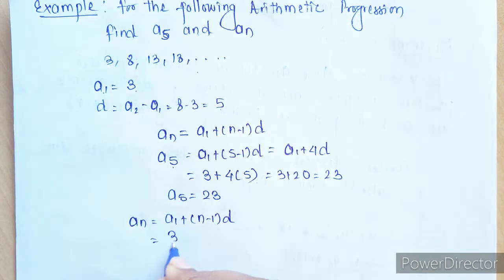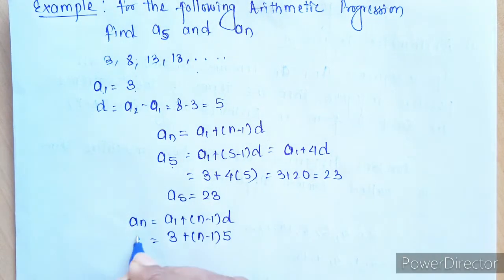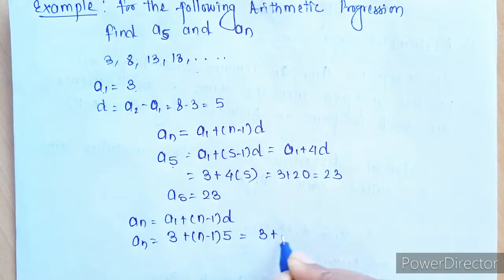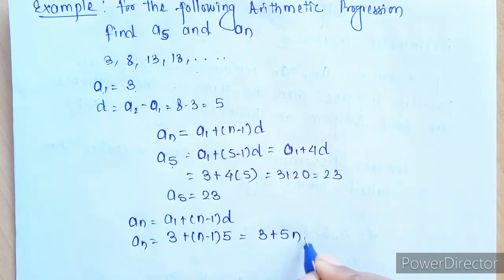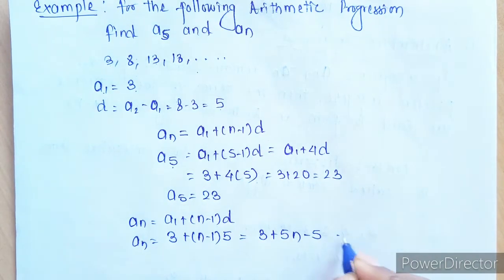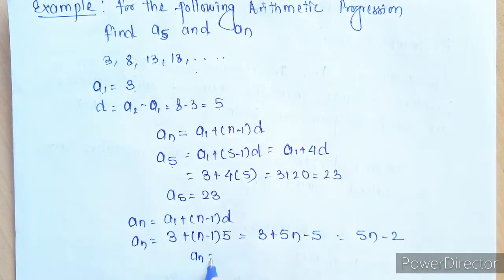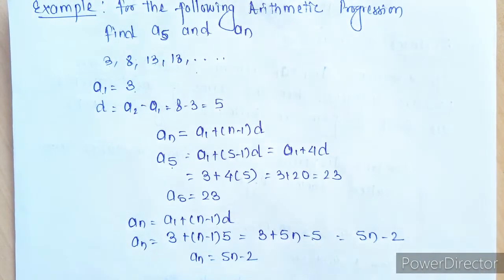What is your a1? 3, n minus 1 will be as it is, and d is 5. You can keep this as it is, or simplify it further: 3 plus 5 times n minus 5, which can be written as 5n, and 3 minus 5 is nothing but minus 2. So an is 5n minus 2.